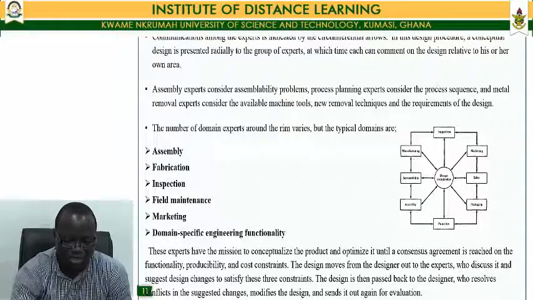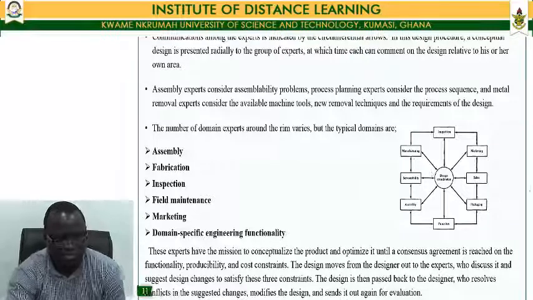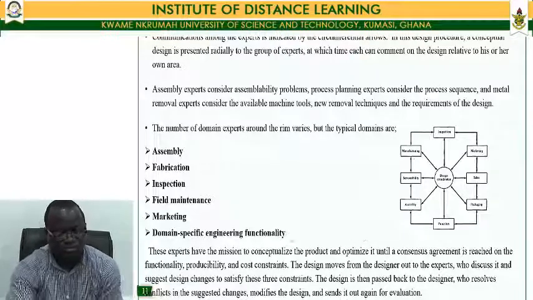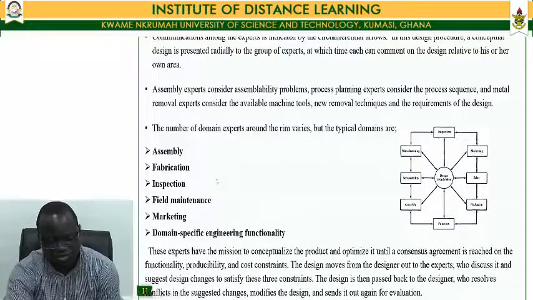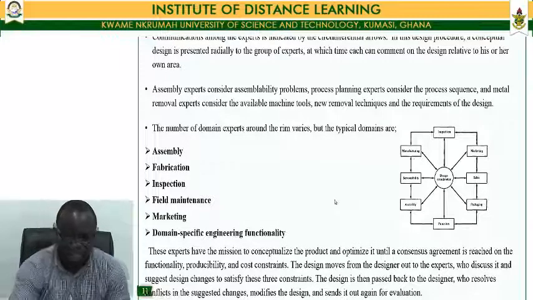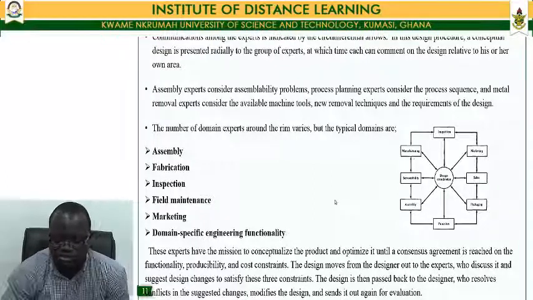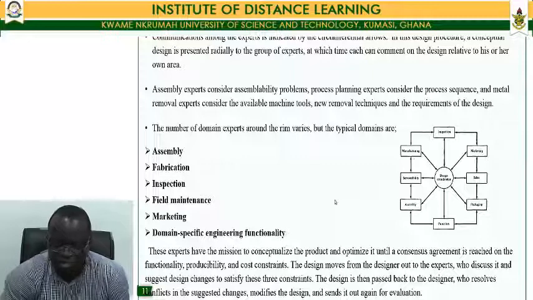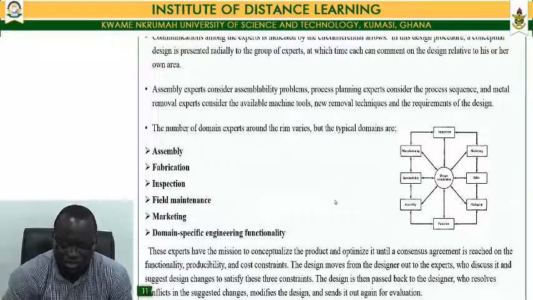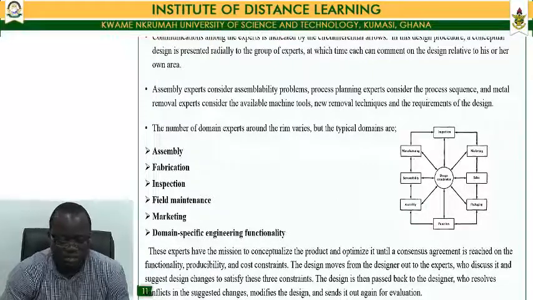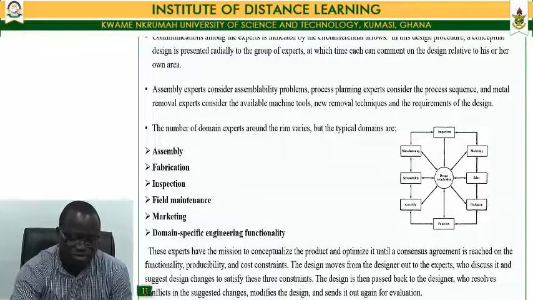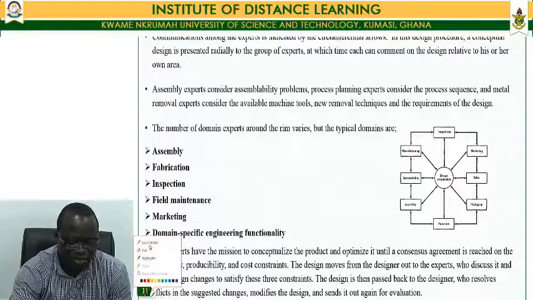Typically, we look at them from here: manufacturing, marketing, some inspection and assembly experts. Now, the experts have the mission to conceptualize the product and optimize it until a consensus agreement is reached on the functionality, producibility, and cost constraints. So these are their roles, more like their objectives.